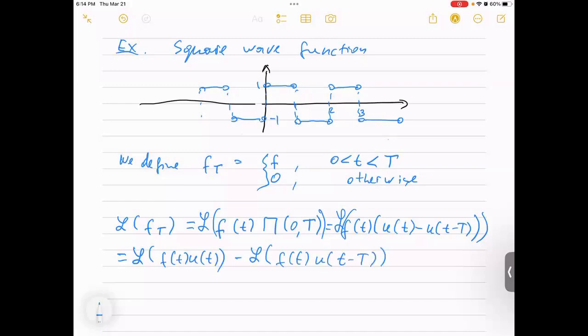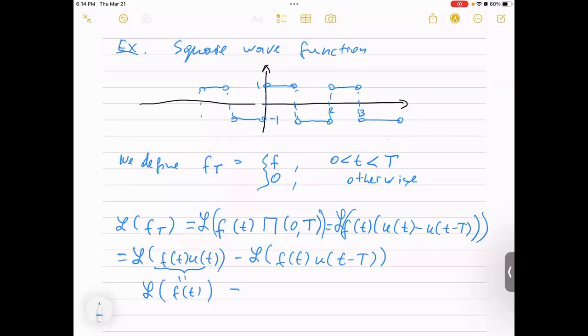Notice that the first one, the Laplace transform of f of t times the unit step function of t, is the same as the Laplace transform of the original function. Recall the formula for the Laplace transform when you multiply by a unit step function.